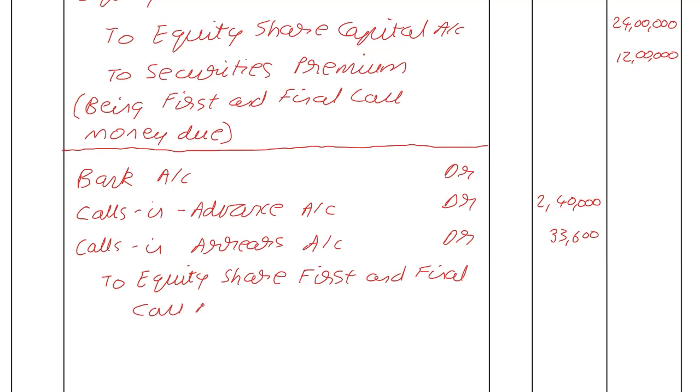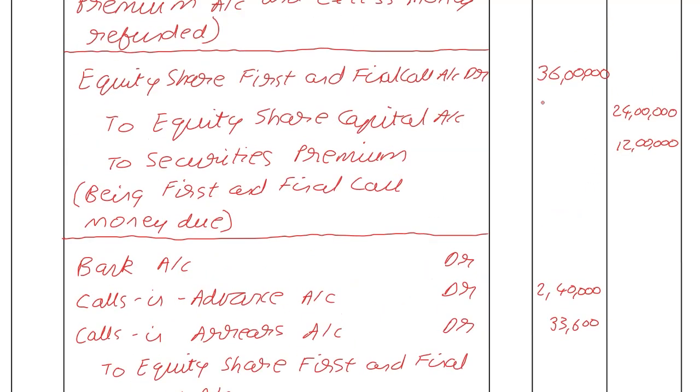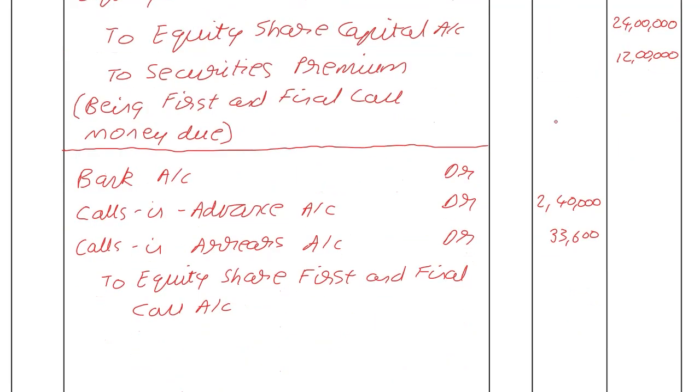How much we have to credit, that we know is anyhow 36 lakhs. Now we can calculate how much was not received and how much was received before, or we can simply make our lives easy and subtract these two numbers. You'll get the answer.